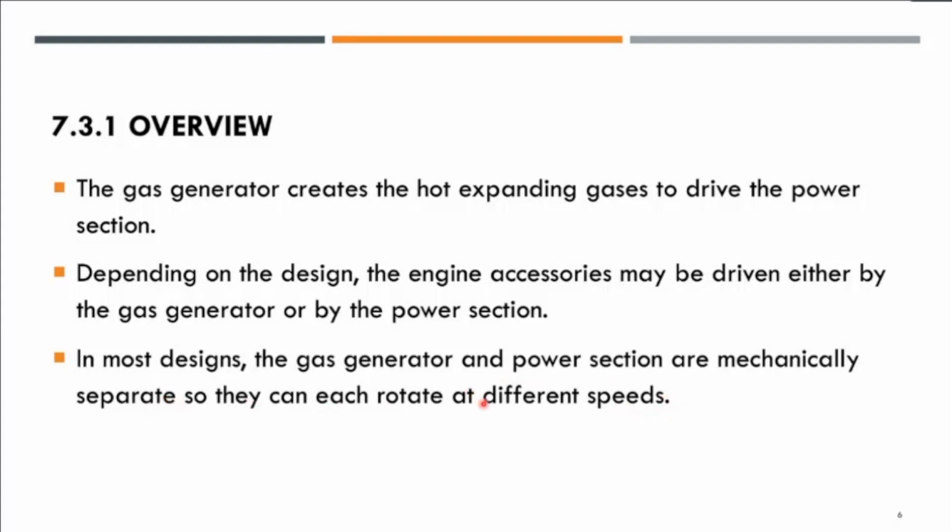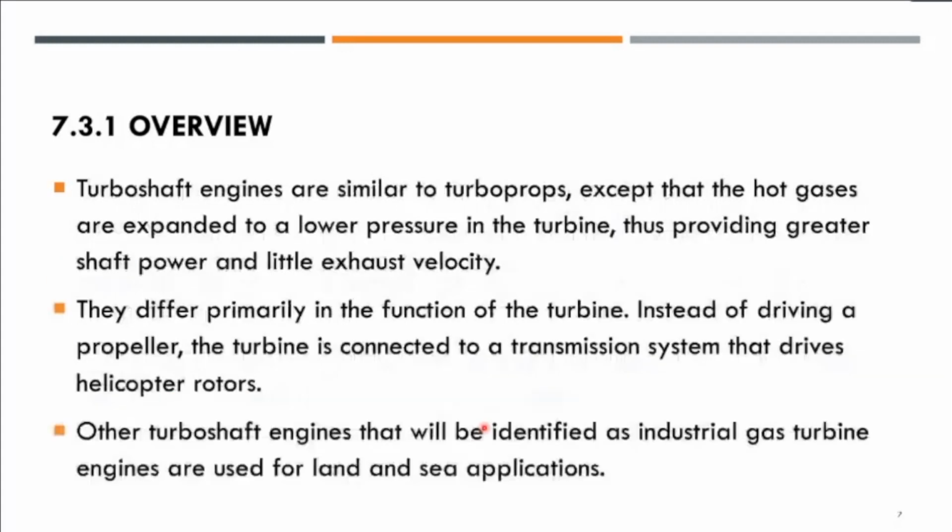This is a common arrangement for the design of the turboshaft engine, with the gas generator and the power section mechanically separated so that they can rotate at different speeds to optimize their function.